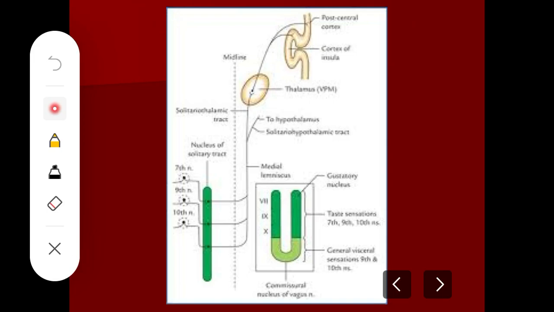Then you have got the special visceral afferent, SVA. I already said it is also being represented by the same nucleus, the nucleus of tractus solitarius. But here it is SVA, special visceral afferent. So it is a special sensation. To be more precise, it is the taste sensation.